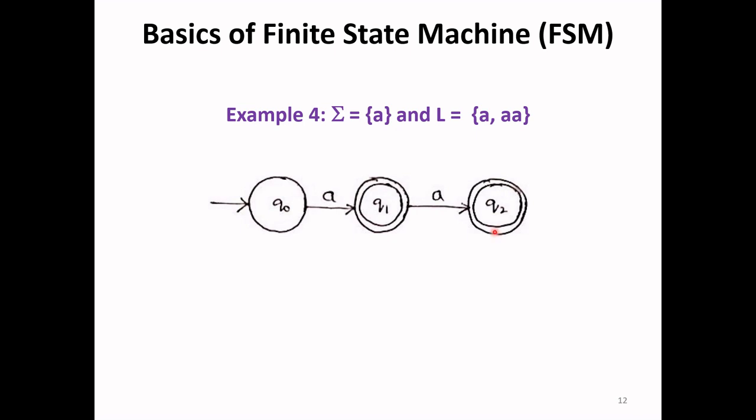You can see here we have discussed that every finite state machine has one single start state and it can have one or more final states. This is an example wherein you have more than one final state.